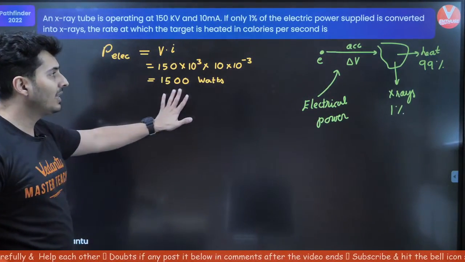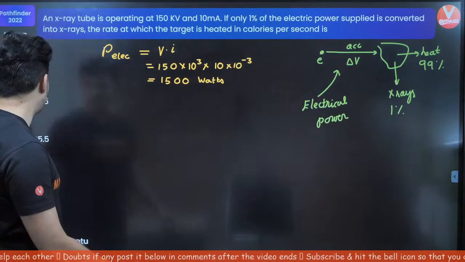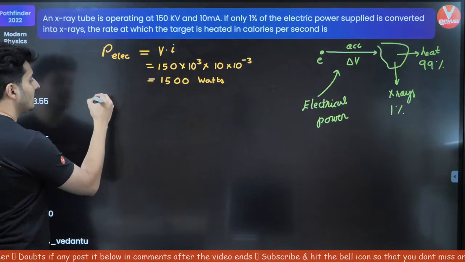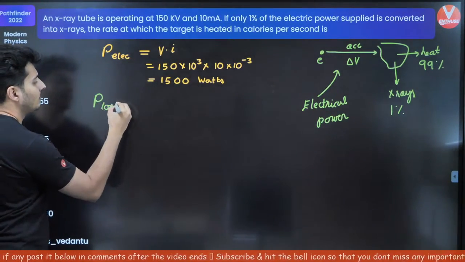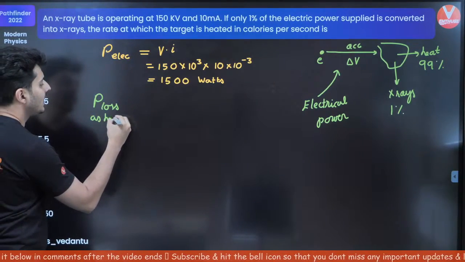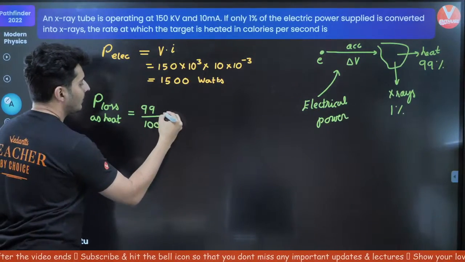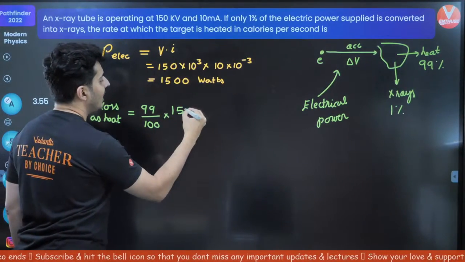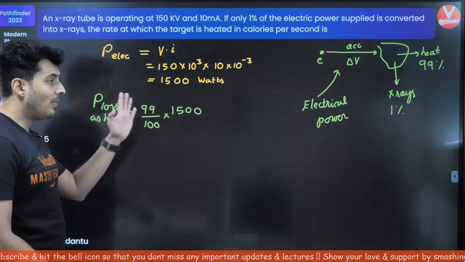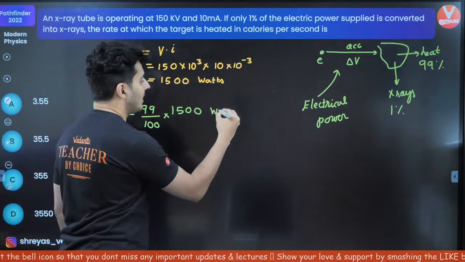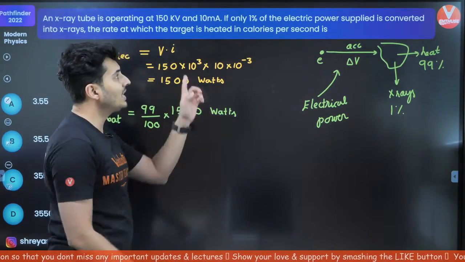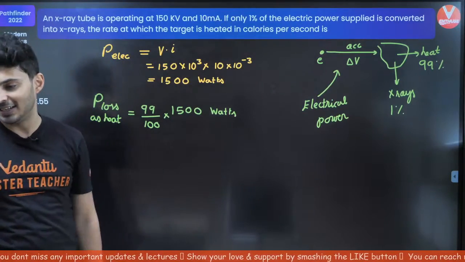And out of this 99% is lost as heat. So the power loss as heat will be 99 by 100 times of 1500. But this is all in watts. Again, you remember that the question asked is in calories per second.